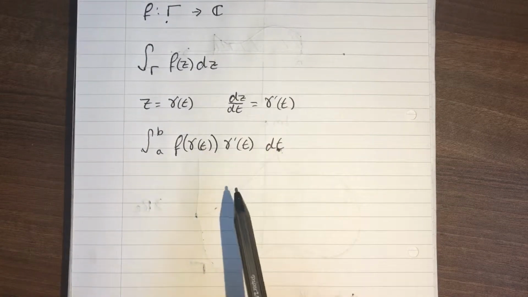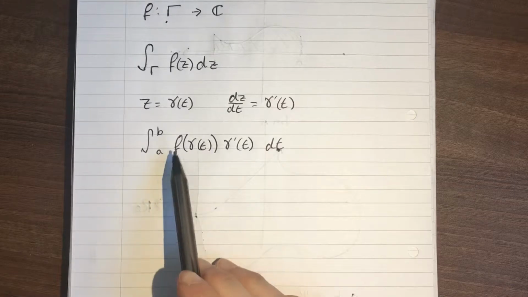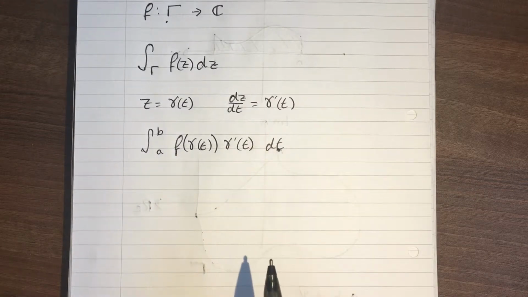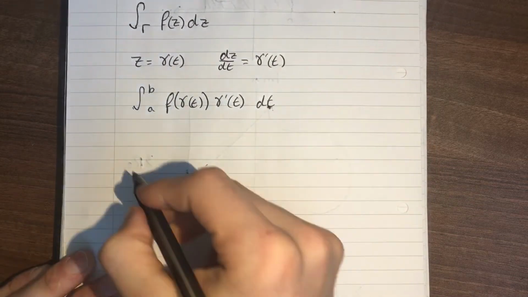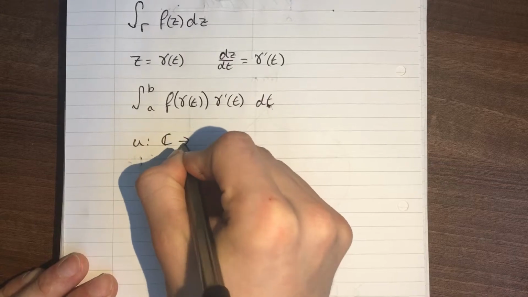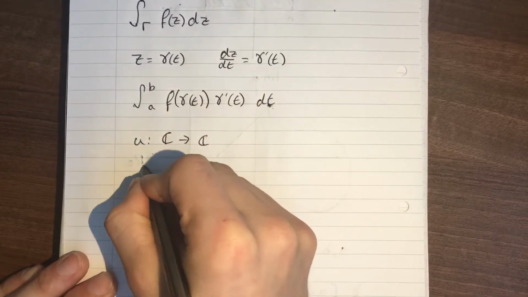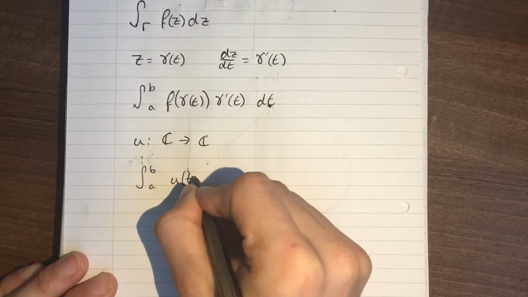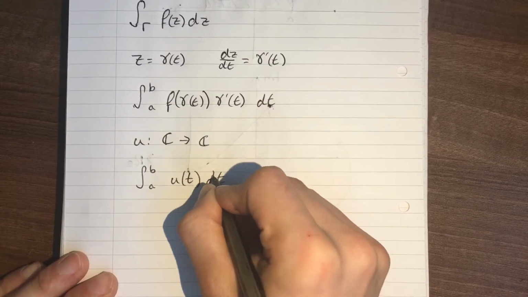The issue we have now is that f gives us back complex numbers. So if we were to have a different function, say u, which goes from the complex numbers to the complex numbers, and we take a real integral over u of t, this is going to be a bit simpler for the notation.